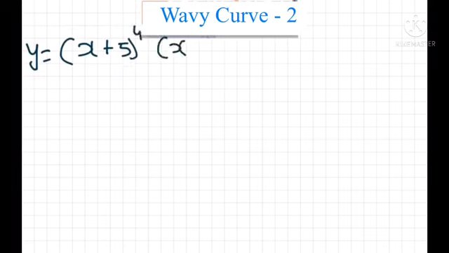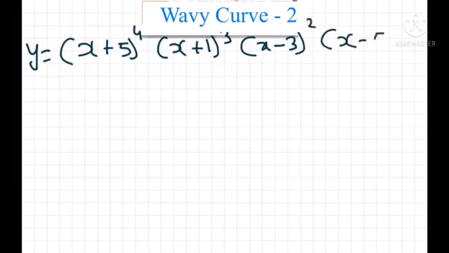Okay, now again I'm giving you one example. Say y is equal to (x + 5) to the power 4, (x + 1) to the power 3, (x - 3) square, (x - 5) to the power 5.